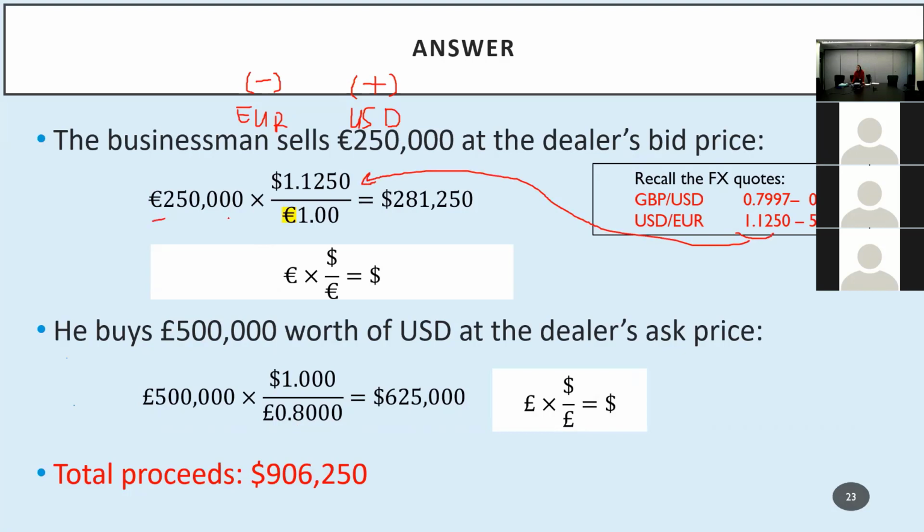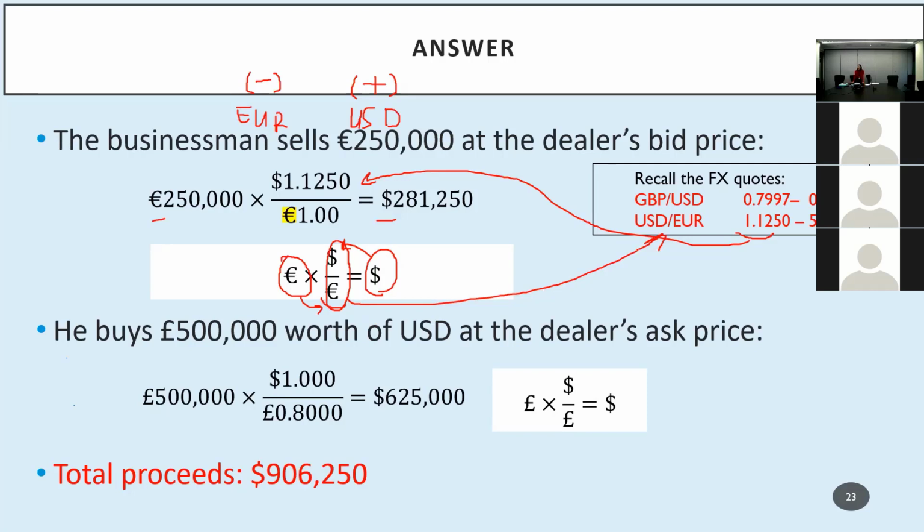So to convert the euro into the dollar, if I start with the euro and I want to end up with the dollar, then I want the dollar to be on the numerator and the euro to be on the denominator, right? So the exchange rate is exactly the same as the one that I'm given in the question, right?